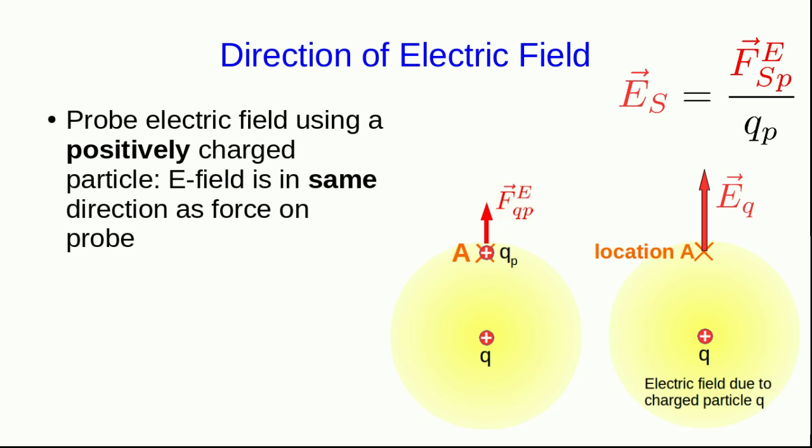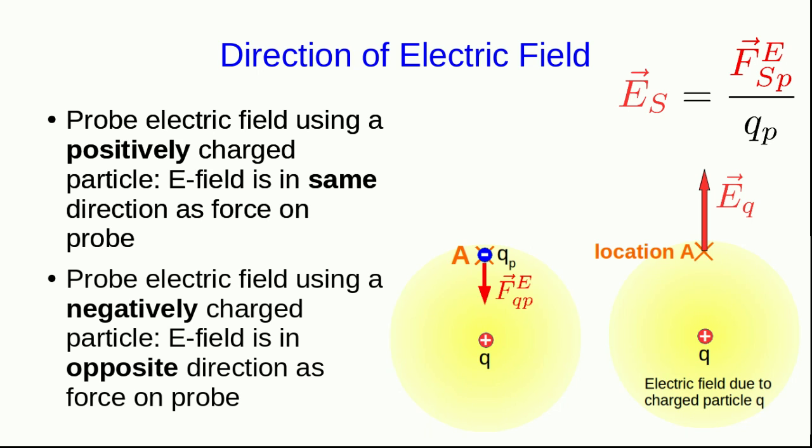We're taking a force vector and we're dividing by a charge, which is just a positive scalar, and we know that when we divide a vector by a positive scalar, we get a new vector that is in the same direction. But note that if I replace that positive probe charge with a negative probe charge, then the force on it in this case must be in the opposite direction, right? It would be attracted to that source charge Q.